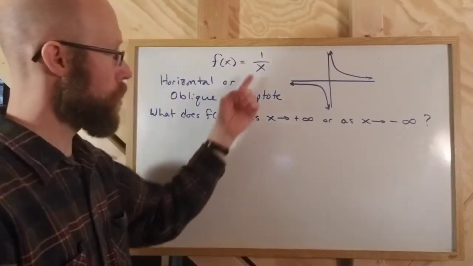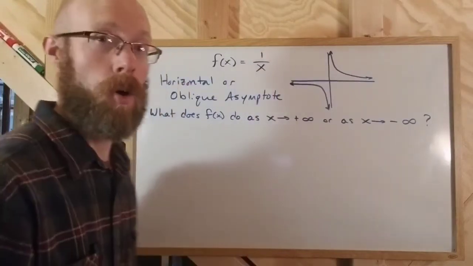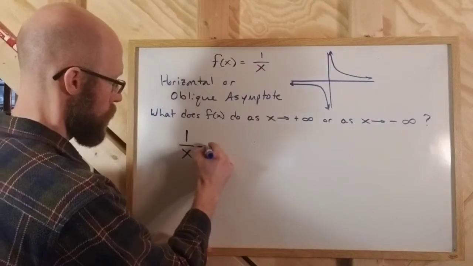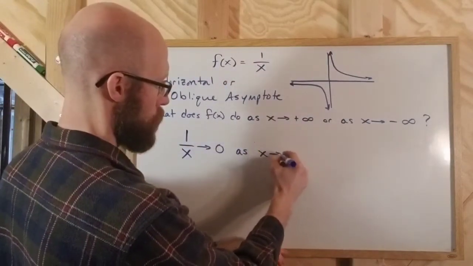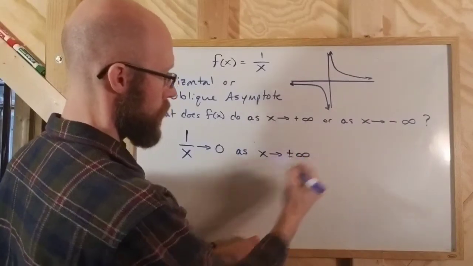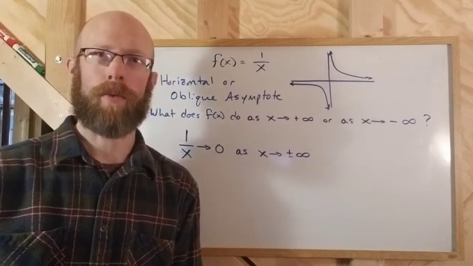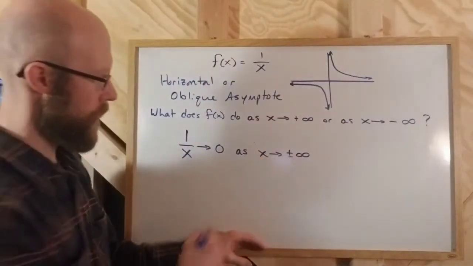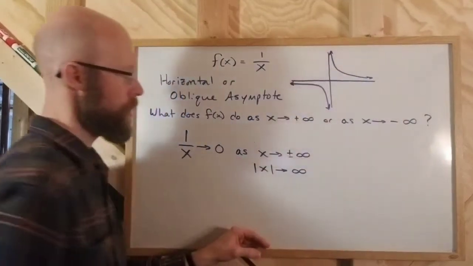And so you want to think about what happens to the graph as you get really big numbers in there. Well, generally speaking, 1 over x will approach 0 as x approaches positive or negative infinity, and that's both sides. Now we have a little bit different notation for that. Often, instead of saying this, I would maybe put an absolute value on the x and say that it approaches infinity.